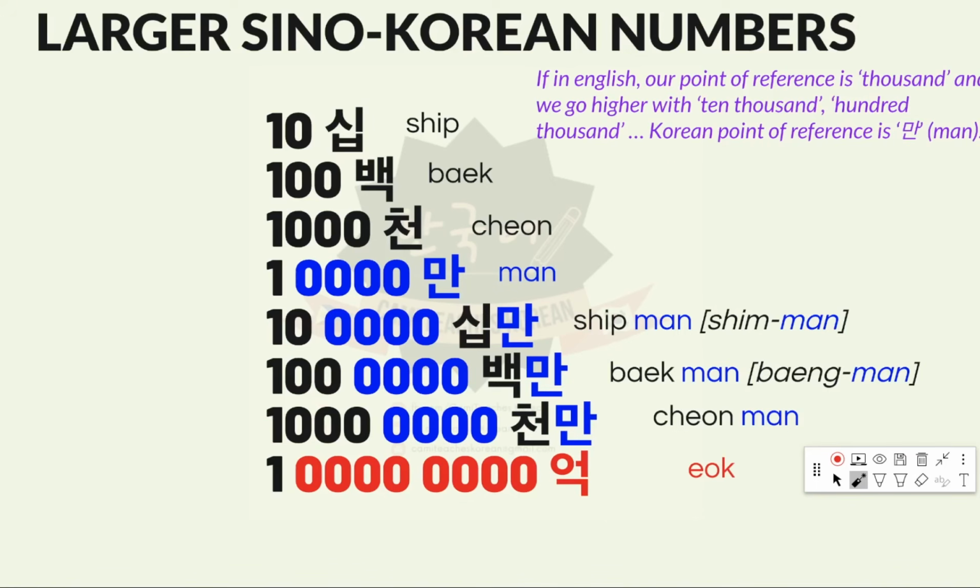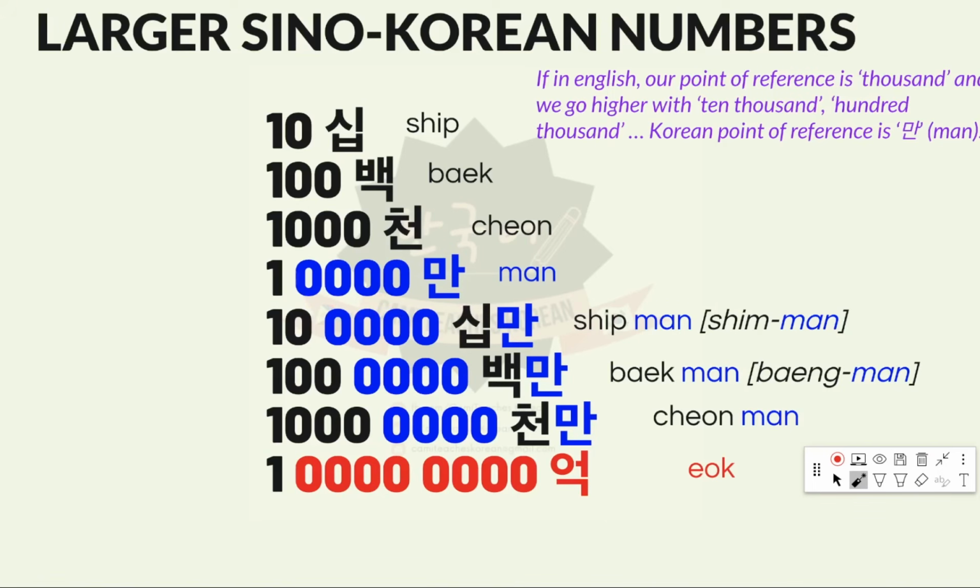it repeats. After you complete the shipbekchon, we have a new word, our new point of reference, which is ok. Once you reach ok, you have achieved 8 digits before this new number. This single one over here is our ok representative. So, this represents ok, this represents man.